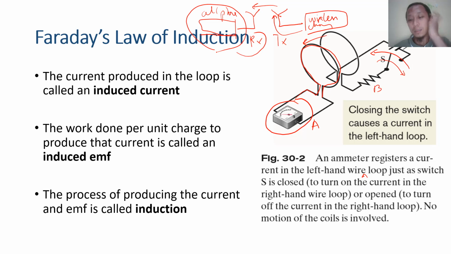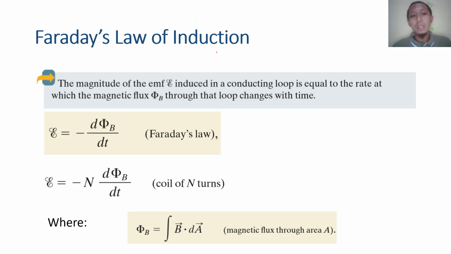It's like this one. So this is induction. And this is Faraday's law of induction: the magnitude of the EMF induced in a conducting loop is equal to the rate at which the magnetic flux changes.